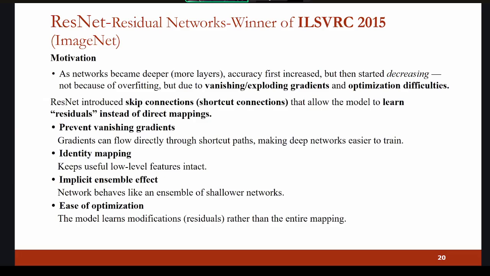And here comes the ResNet architecture, residual connections. It is called the residual network. This model was the winner of the 2015 ImageNet classification task. In ResNet, we have many variations based on the number of layers.